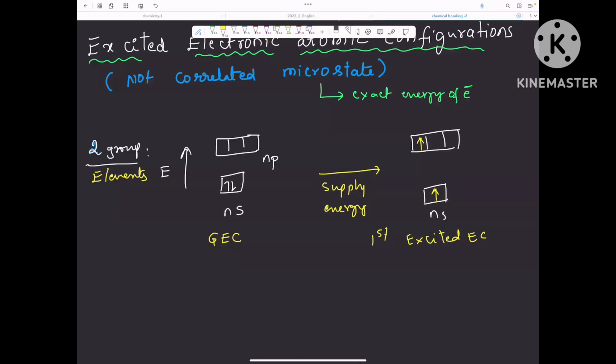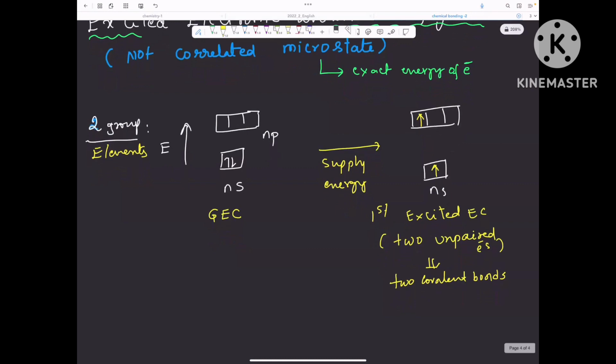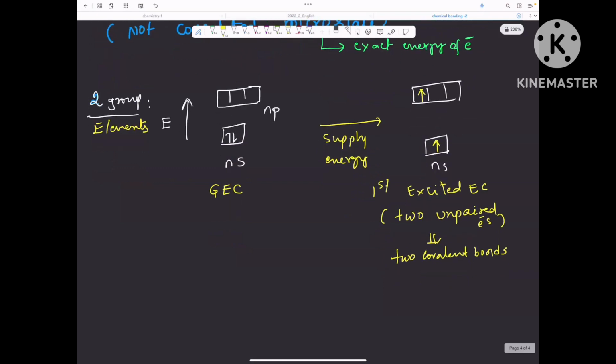Therefore, alkaline earth metals, second group elements, undergo excitation to the first excited state with 2 unpaired electrons, so they can form 2 covalent bonds. Here covalent bonds means a normal covalent bond. So we don't specify abnormal things. Here we always specify normal things. Therefore, as there are 2 unpaired electrons, second group elements form 2 covalent bonds in first excited state.